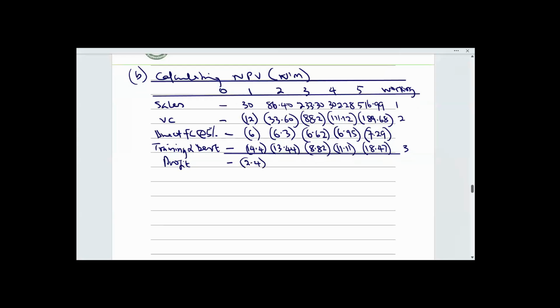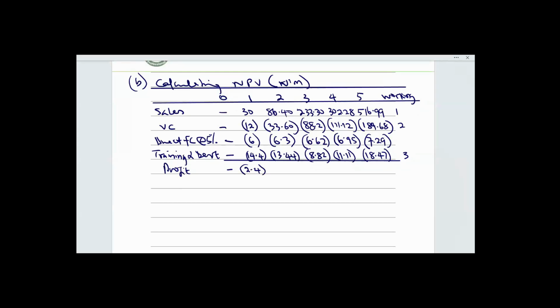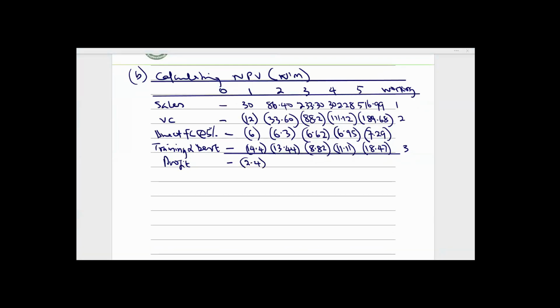Then in year two, 86.4 minus 33.6 minus 6.3 minus 13.44 equal 33.06.